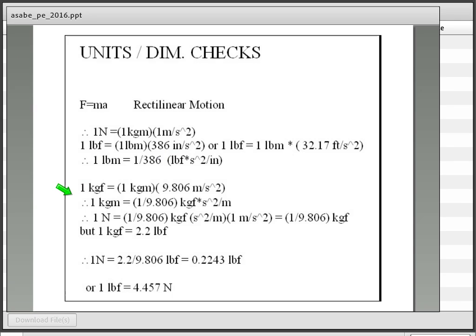So anyway, that's just for your edification there. And of course, 1 Newton, we would recall, is 2.2 kilograms divided by g, which gives us 0.22 pounds force, which says that 1 pound force is 4.46 newtons, basically.